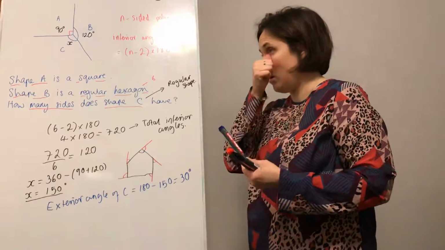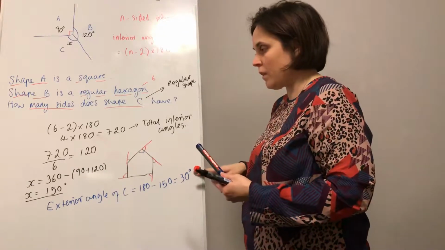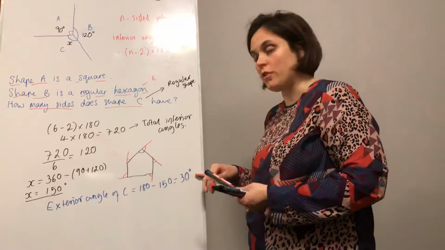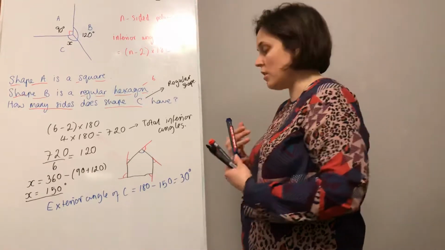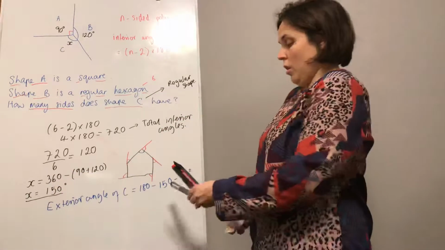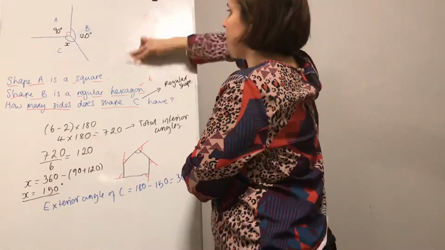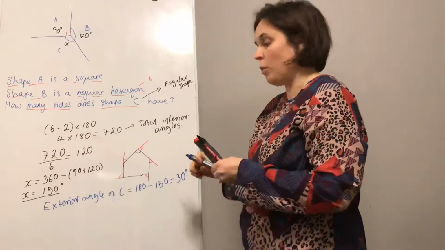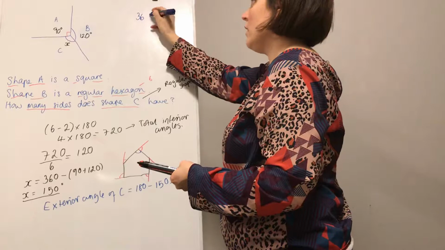Now, we know that for any polygon, the exterior angles add up to 360 degrees, and if each of them is 30 degrees, then we can do something really simple to find out how many sides there are. All of the exterior angles add up to 360 degrees.